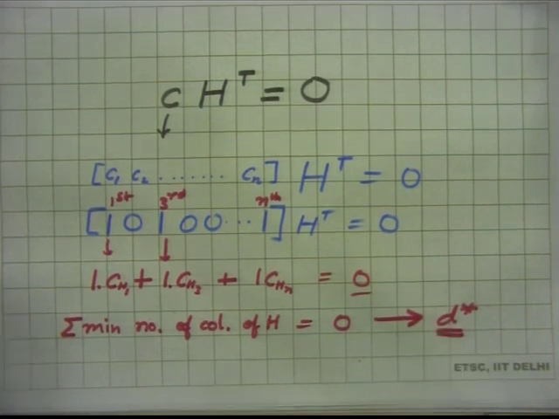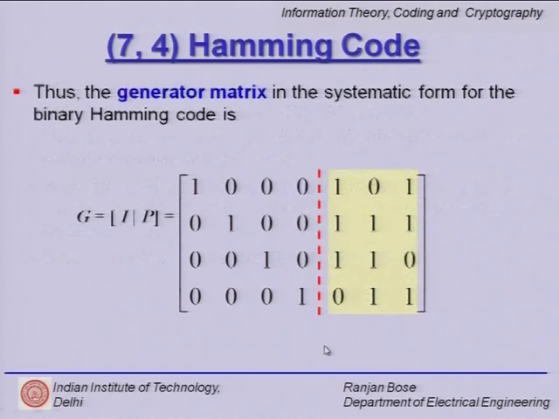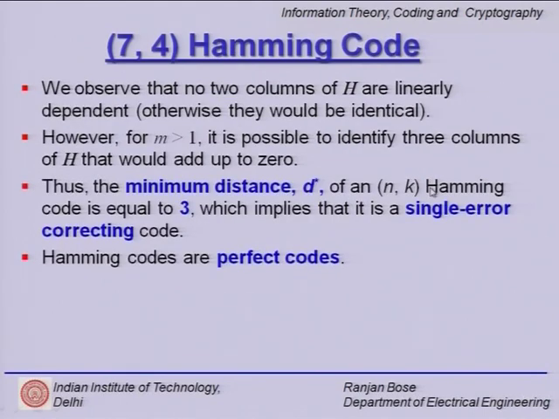So, we come back to our slide and have a look at the H matrix here, and we see that you can pick 3 of those columns and ensure that they add up to 0. Any 2 are linearly independent, but 3 of them add up to 0. It tells us that the minimum weight of this n comma k Hamming code is equal to 3, but we have already seen that for distance d star equal to 3, it can at best be a single error correcting code, because d star should be greater than or equal to 2t plus 1.